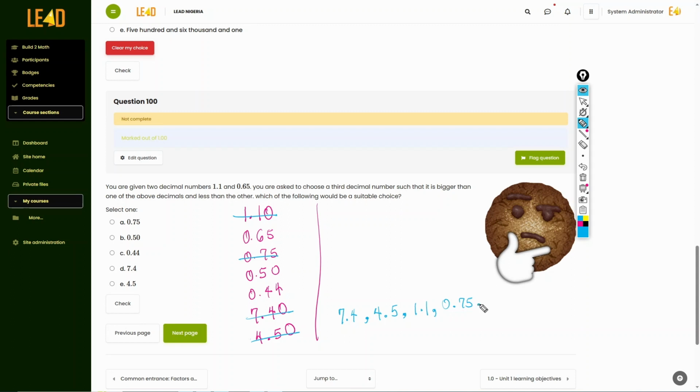Then 0.65, because it looks like 65. Then 0.5. And finally 0.44. So the one that sits between 1.1 and 0.65 is 0.75. That's option A.